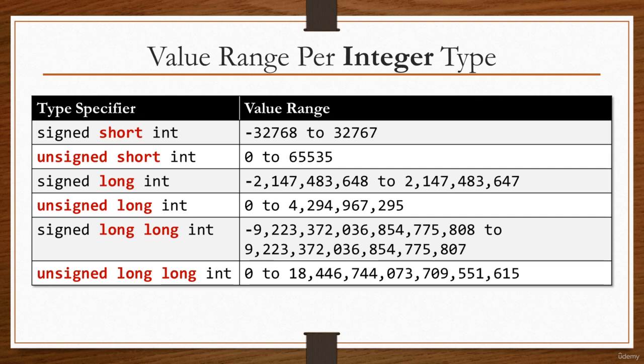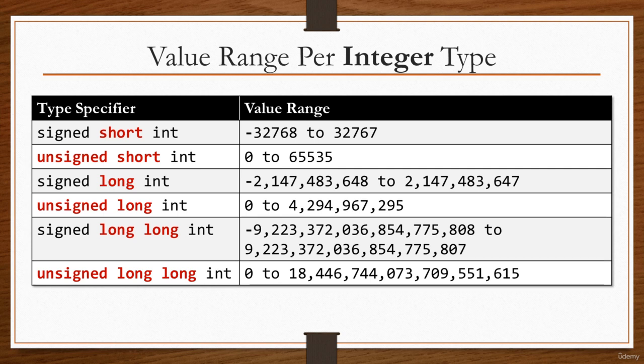Now the unsigned short uses the same amount of bits, the same amount of storage space. But here we start at 0. We don't start at that minus. So this means that we can go to 65,535. This simply means that if we have positive only values, then we can use this and store a bigger value compared to the signed one, where we have to think about not just positive values, but also negative values.